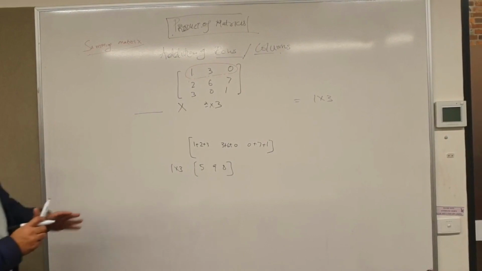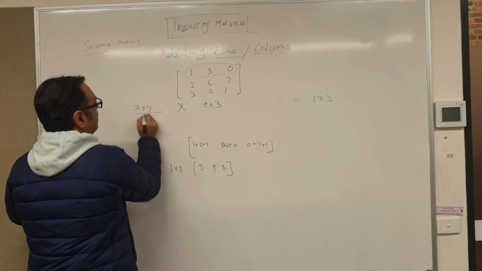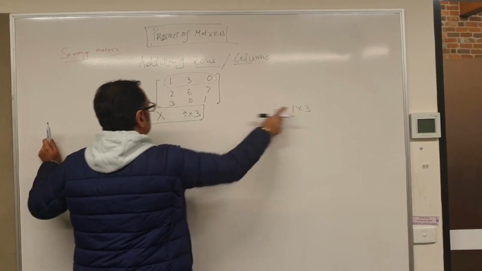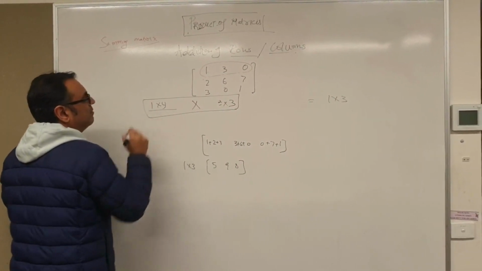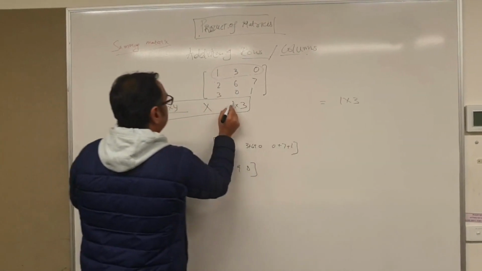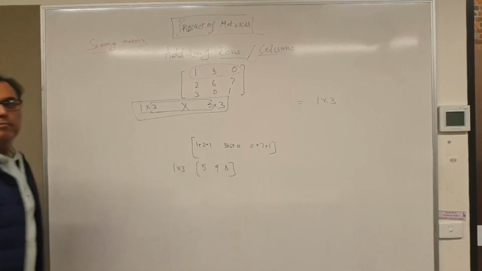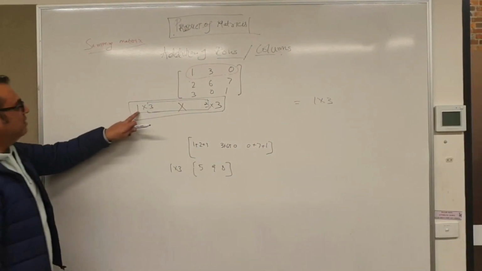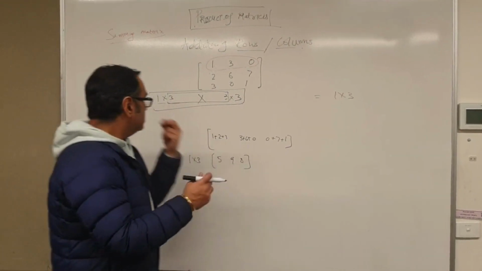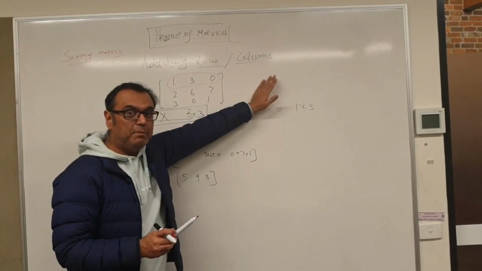Make sense? So if I multiply something here, let's say x times y times this, and I need 1 cross 3, so obviously my x will be 1. That is why I'll get 1 cross 3 here. And I need these two to be equal. So this must be 3. Only then 1 cross 3 times 3 cross 3 will give you a 1 cross 3. Getting my point? So I can't post-multiply anything.